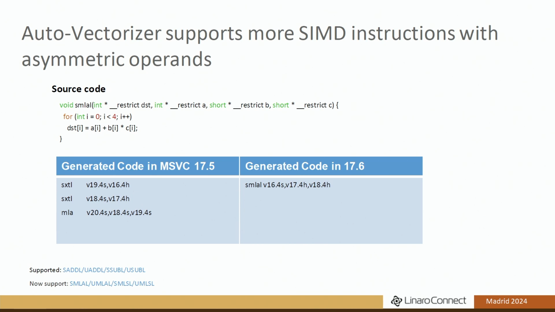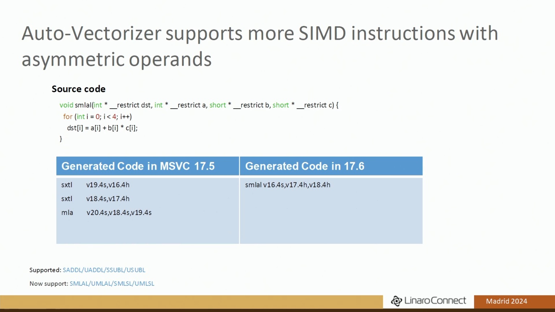It's just a simple loop with a for count, and it multiplies 2 arrays of shorts, array B multiplied by array C, and then adds it to array A. As you can see, B and C have a type of short, and A has a type of int. They're not the same size, not the same type. So in order to operate together, we have to promote B and C to be the same size as A.